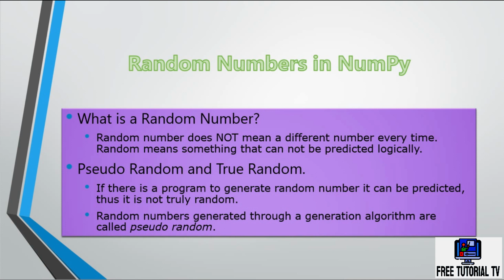We have two kinds of random number generation in NumPy: pseudo random and true random. If a program generates a random number through an algorithm, it can be predicted, so it is called pseudo random.